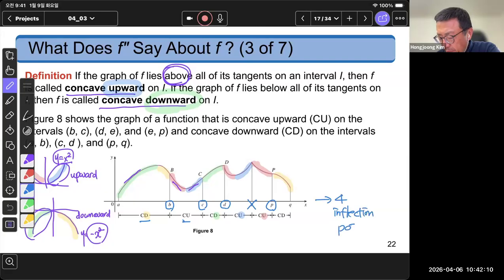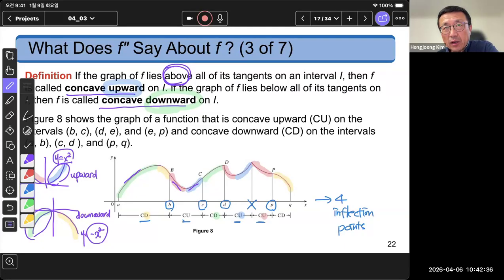points in this graph. So if the concavity is different to the left and to the right, then the given point is called the inflection point. And please note that in case of E, to the left and to the right, the curves are concave upward.